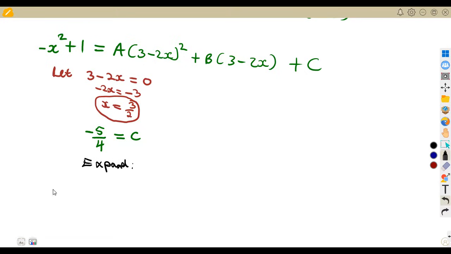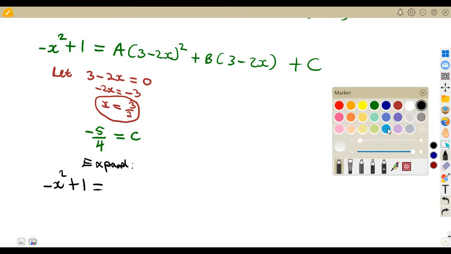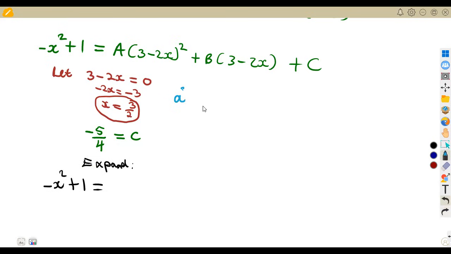So the left-hand side remains as it is, minus x squared plus 1 is equal to, all right, if we were to expand this using our concept of a minus b squared, remember I said a minus b squared is equal to a squared minus 2ab plus b squared.